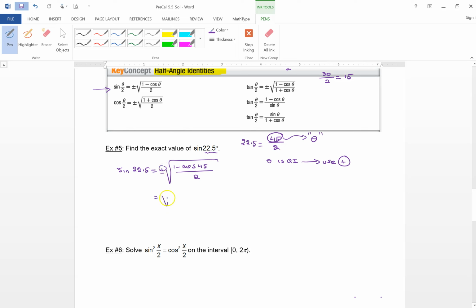So now, this is the square root of 1 minus, what's cosine of 45? Nice. So now, lots of fractions here. When you have a whole number added or subtracted to a fraction, you do a loop.